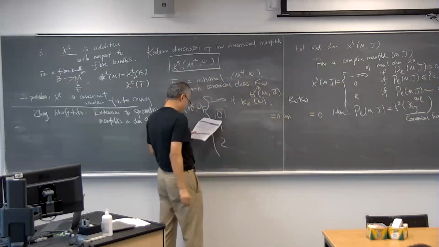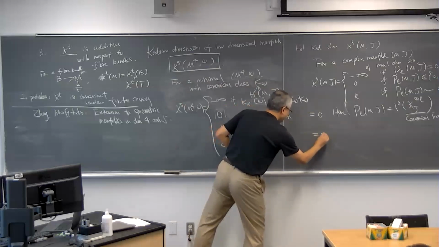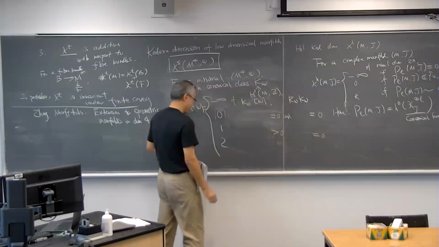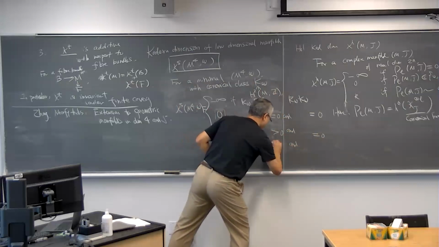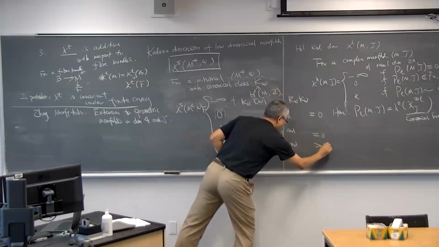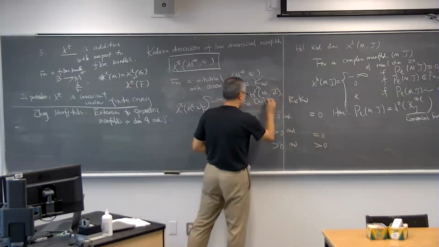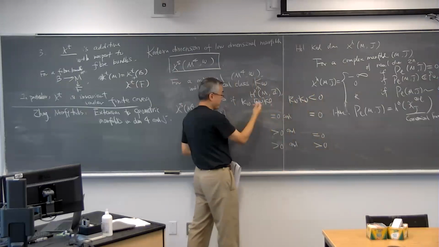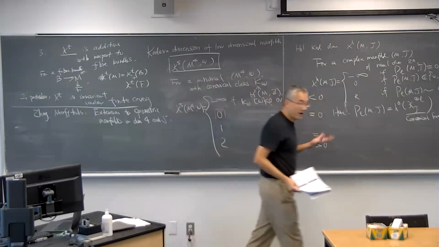And 1, if this pairing is 0, but this pairing is positive. 2, if both positive. And minus infinity if you have negativity, if one of them is negative.